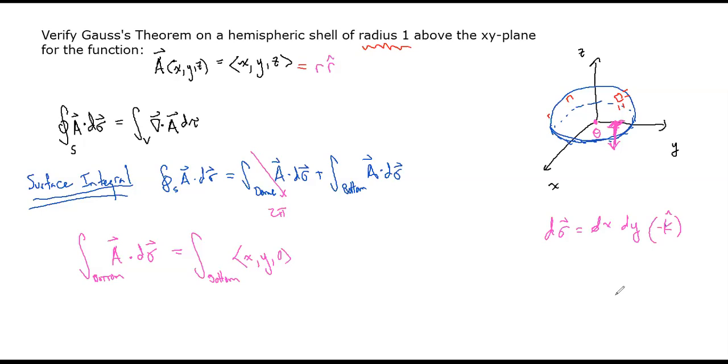Okay, what's really nice about taking the scalar product of our surface with d sigma? What's this whole integrand going to be?